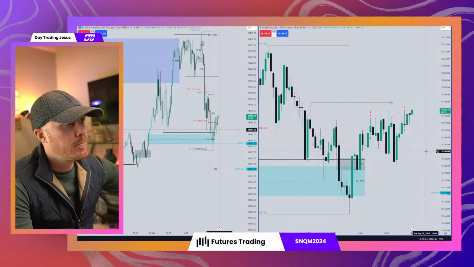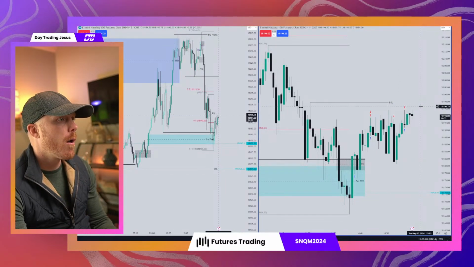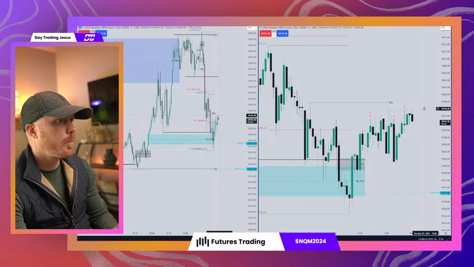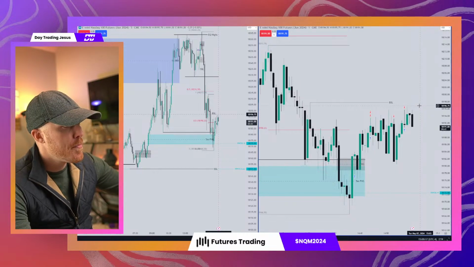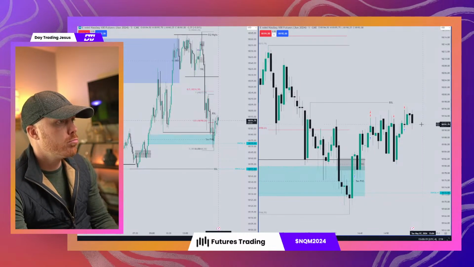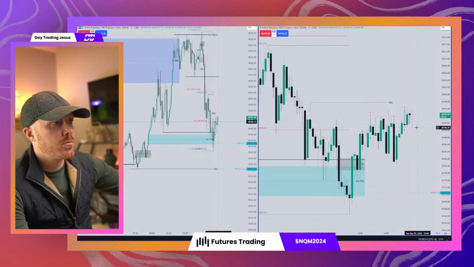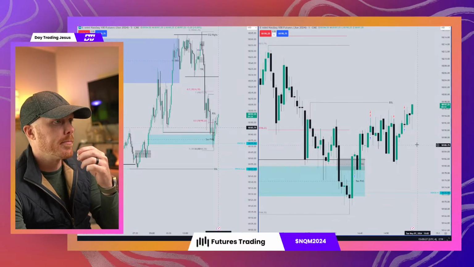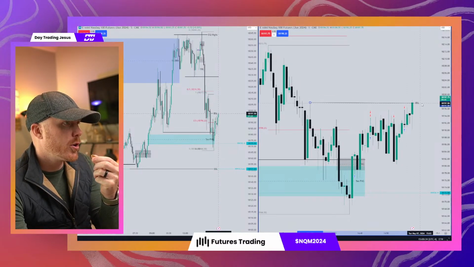Let's see what happens right here. 2 o'clock. Grab this liquidity and either push higher or reverse. There we go. All right, I should push higher right here. Just grab the buy side right here.